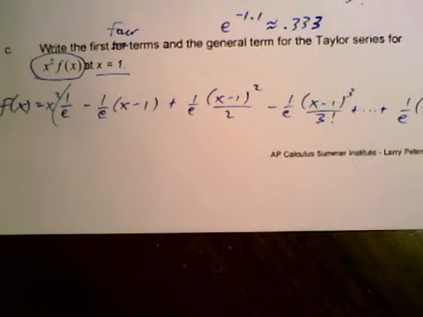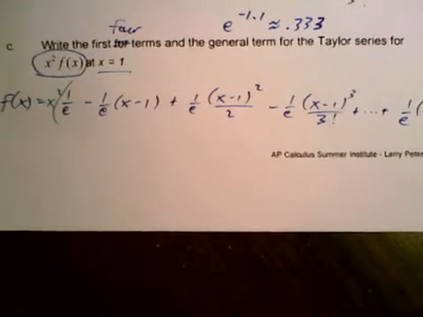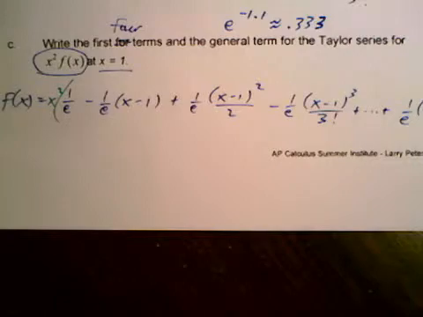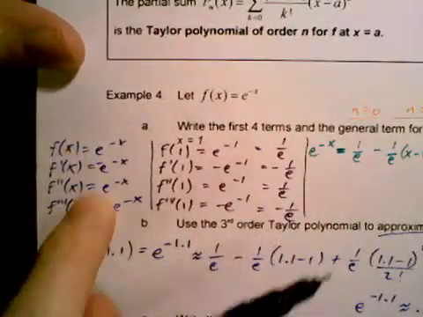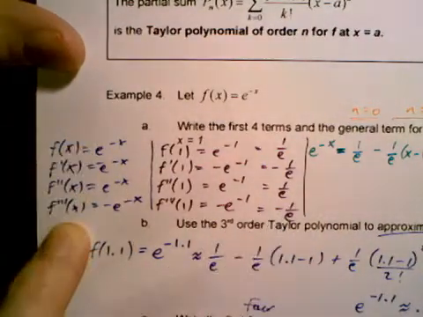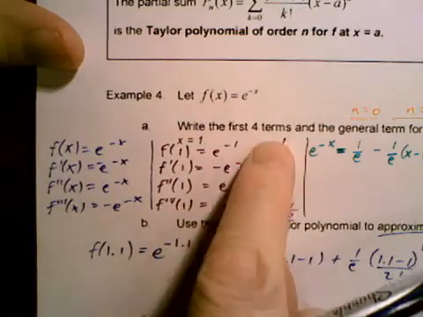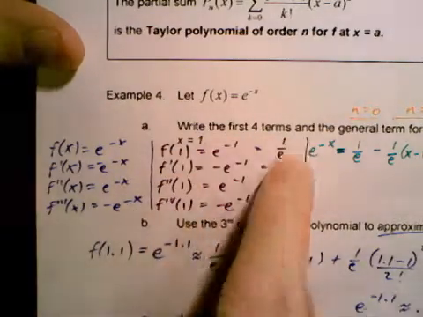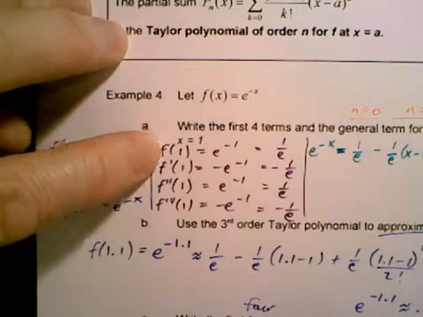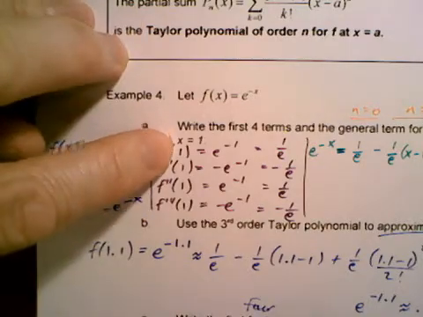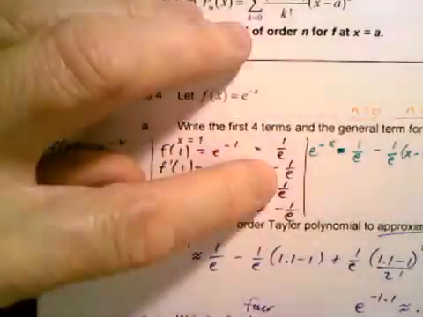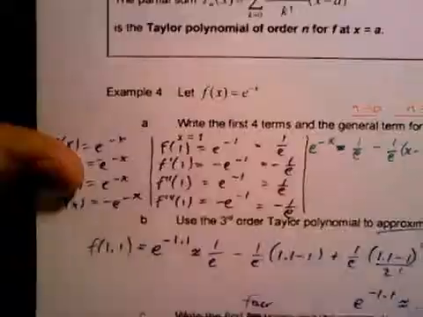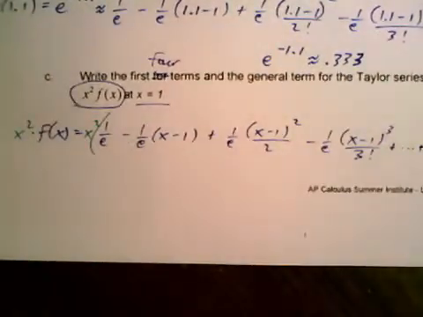So again, I don't really like this problem, but it is a good problem because it'll help you see that I don't have to generate the series like I did before: generating the derivatives, then the coefficients, and what the values of each of these functions are at the center of your infinite series, at 1. So we had to do a lot of work there, and that generates the coefficients of the infinite series. We have to figure out the nth term, but we have less work here.